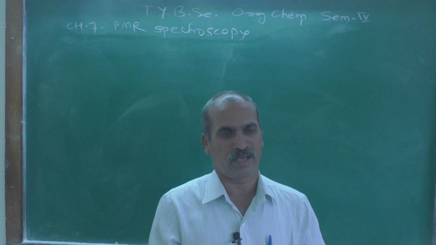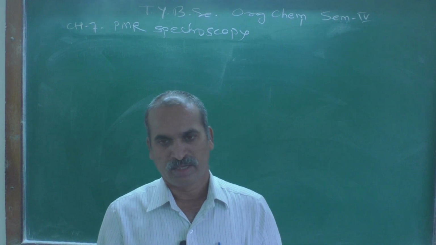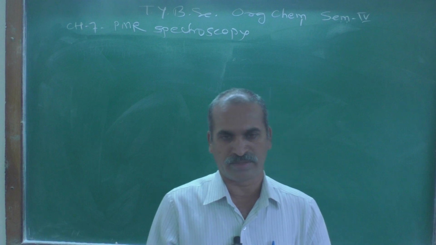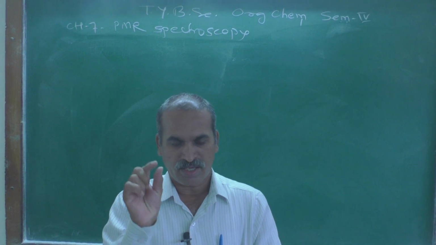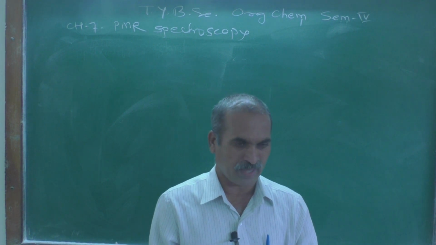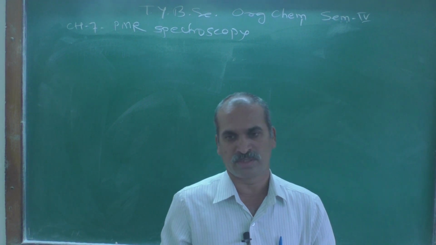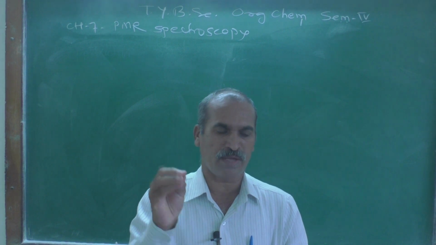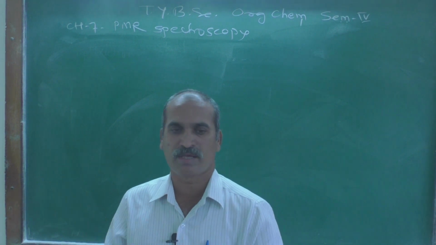That is one application of NMR spectroscopy. Number two, the integration of the signal, the area under the peak, gives information about the number of protons present in the molecule.